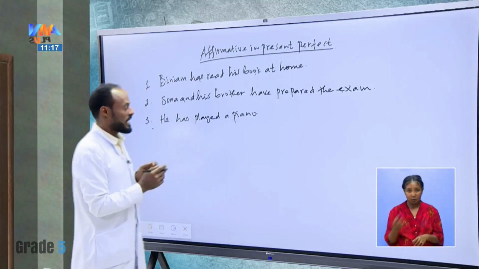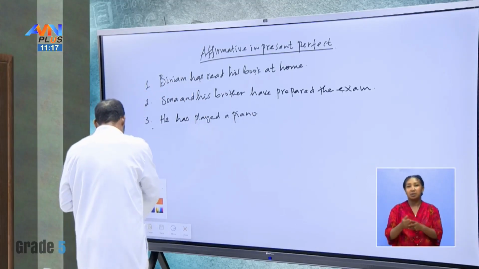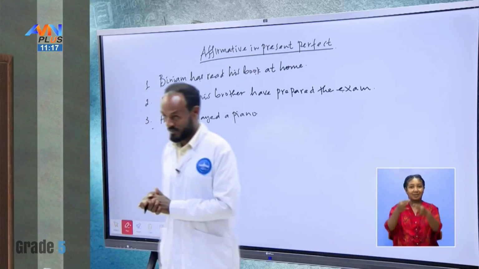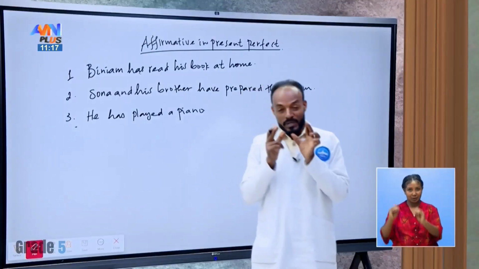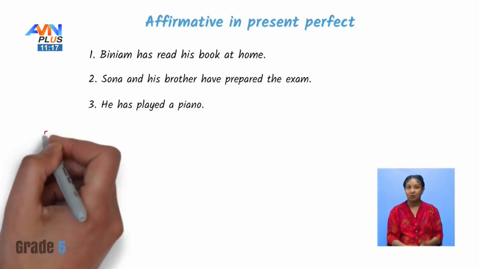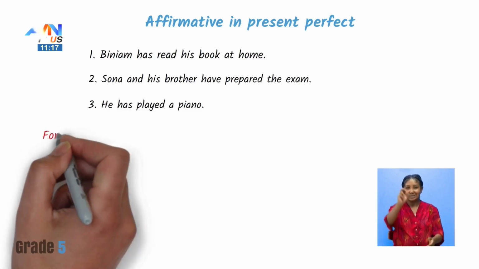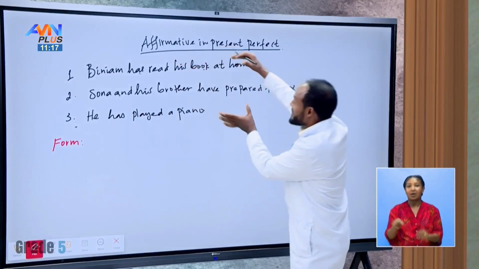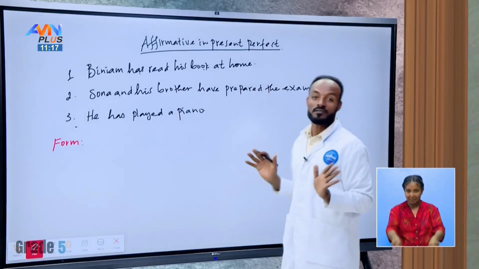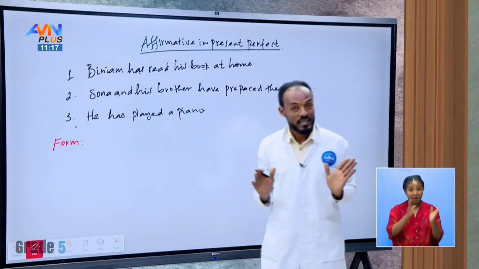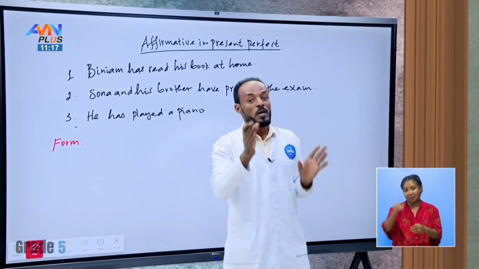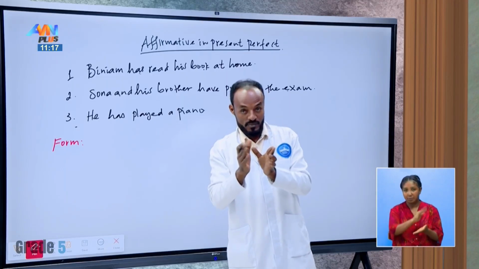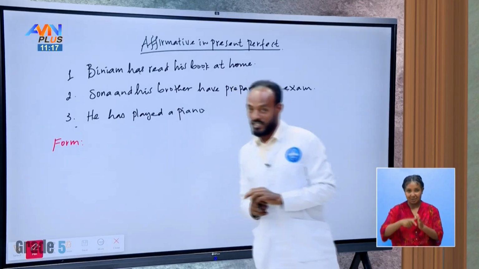Look, we can simply derive the form from this sentence. Students, let me give you 30 seconds to derive the form of affirmative in present perfect. Are you ready? Good, students, parents, please help them. Do it within 30 seconds.